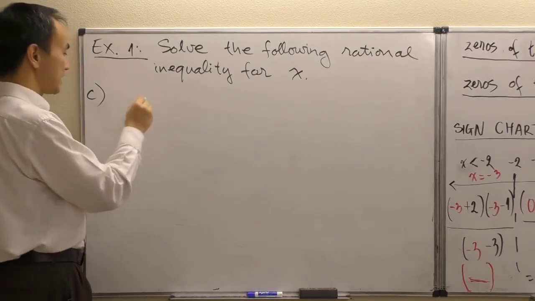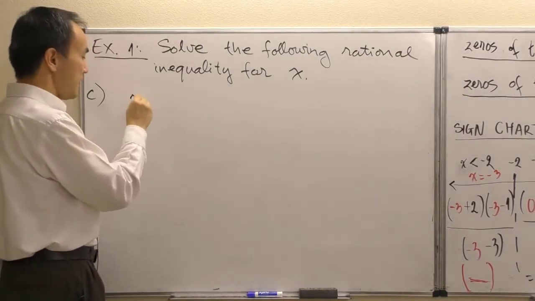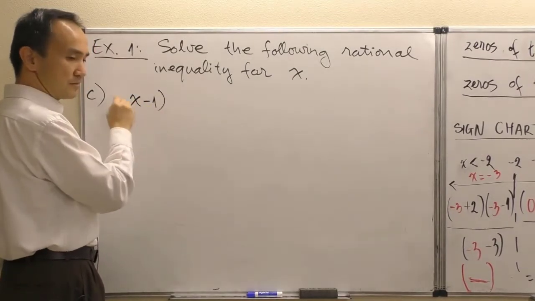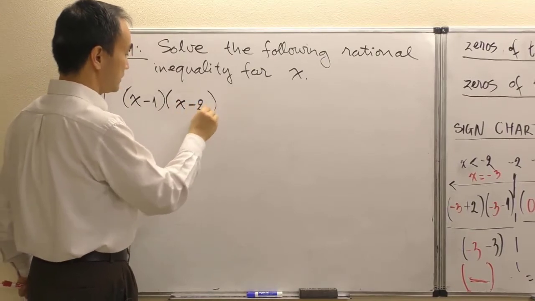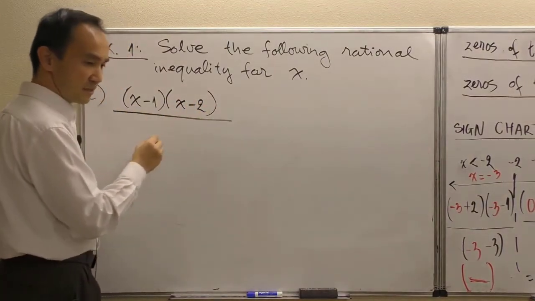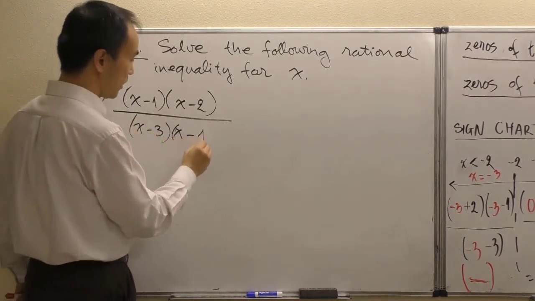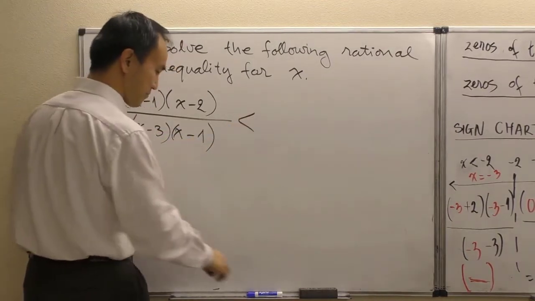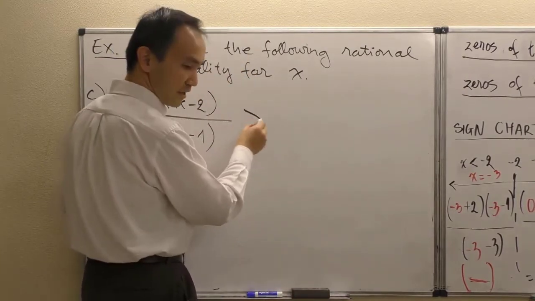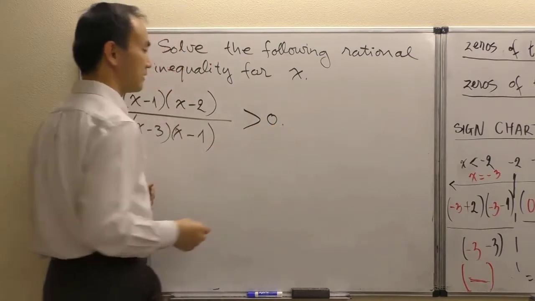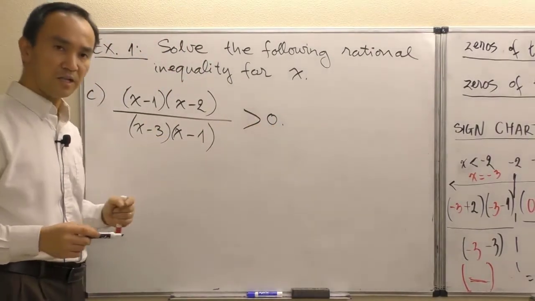We want to solve the rational inequality (x minus 1)(x minus 2) divided by (x minus 3)(x minus 1) greater than 0. Okay, we want the left hand side to be positive like that.